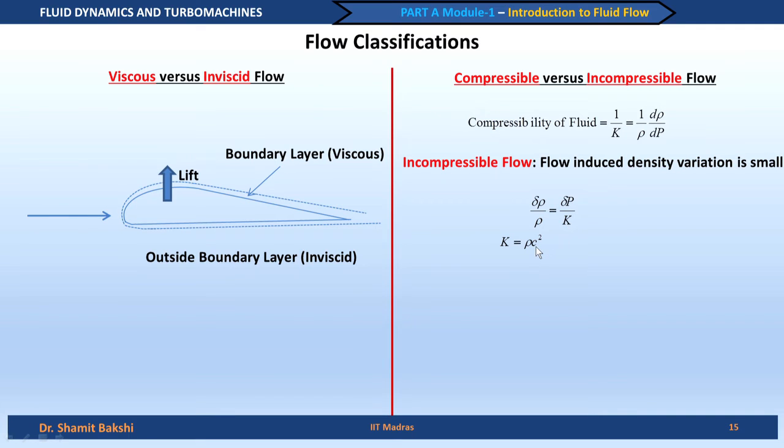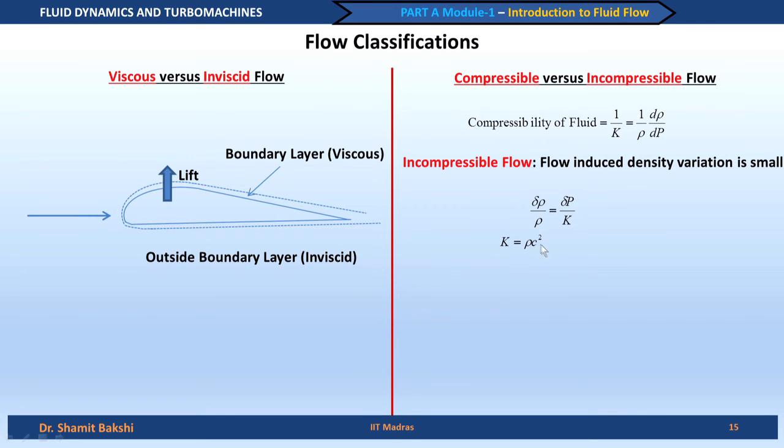The velocity of sound through a particular fluid is given by square root of K by rho. That means K, the bulk modulus, can be written as rho c square. We can check the consistency of units here also. K has a unit of pressure, and rho into velocity square, you can check it yourself, also has a unit of pressure.